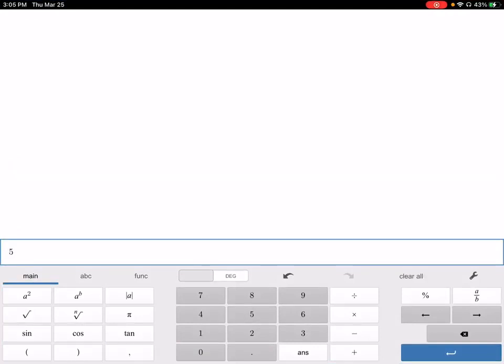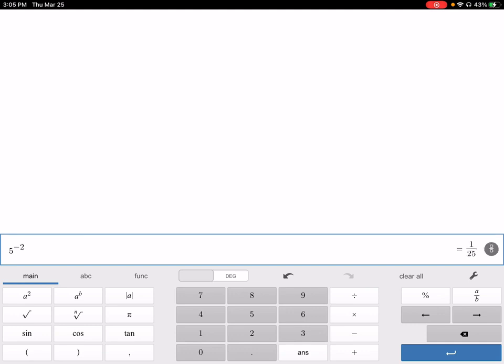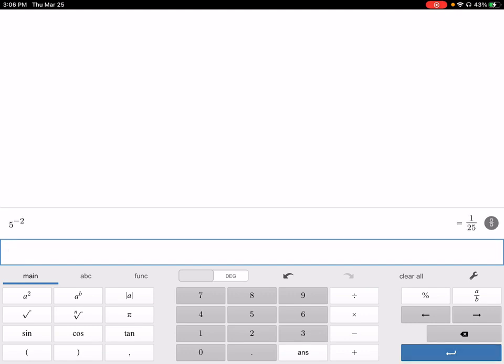So 5 raised to the negative 2. Remember, Alex is not going to accept the decimal answer, and this is why you want to use the scientific Desmos, because you can click this little circle right here and it'll change it to a fraction for you, which is exactly what Alex wants. 5 to the negative 1. Same thing.